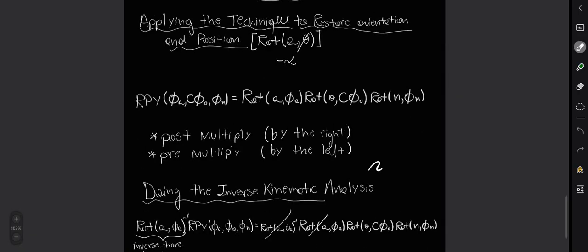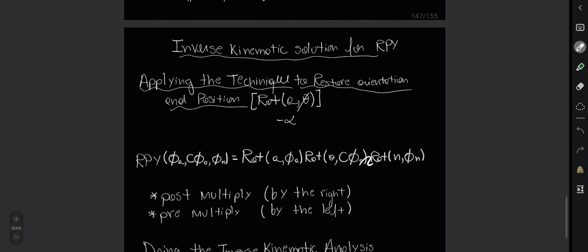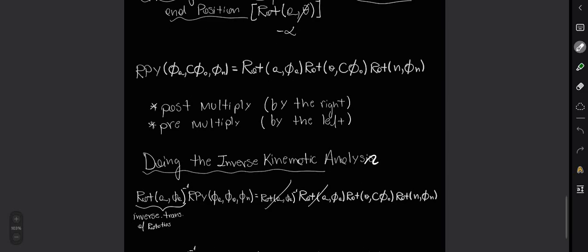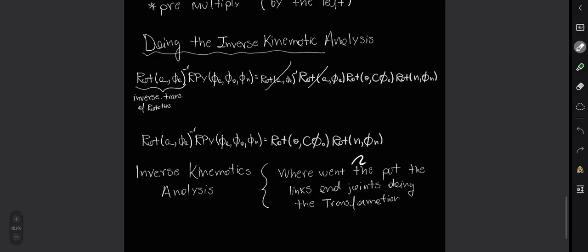So we apply the inverse, not only the inverse, but also the forward. But right here, I think we just applied the inverse, which is where we wanted to set our links and joints in the 3D space that this robot is in. And doing the inverse kinematic analysis, we use inverse transformations. So we solve the transformation equation.